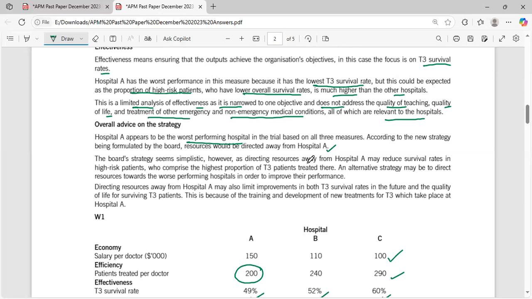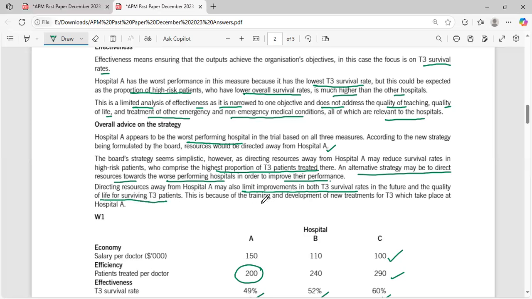An alternative strategy might be to direct resources towards the worst performing hospital in order to improve its performance. Directing resources away from A may also limit improvement in both the T3 survival rate in the future and the quality of life of surviving T3 patients.